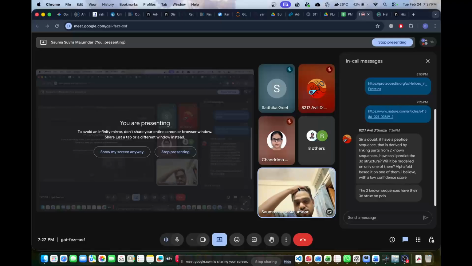So the idea would be that deep learning models like AlphaFold and other deep learning models, I am not sure about PhD, but these will have enough data to predict what kind of structure it will be. So for example, you are taking these 2 sequences, one from one structure, the other from another structure.